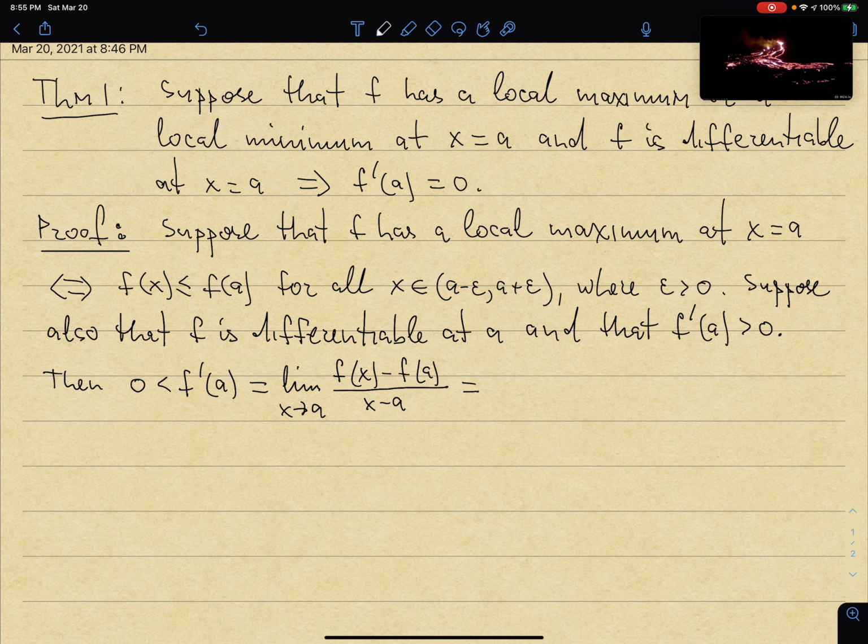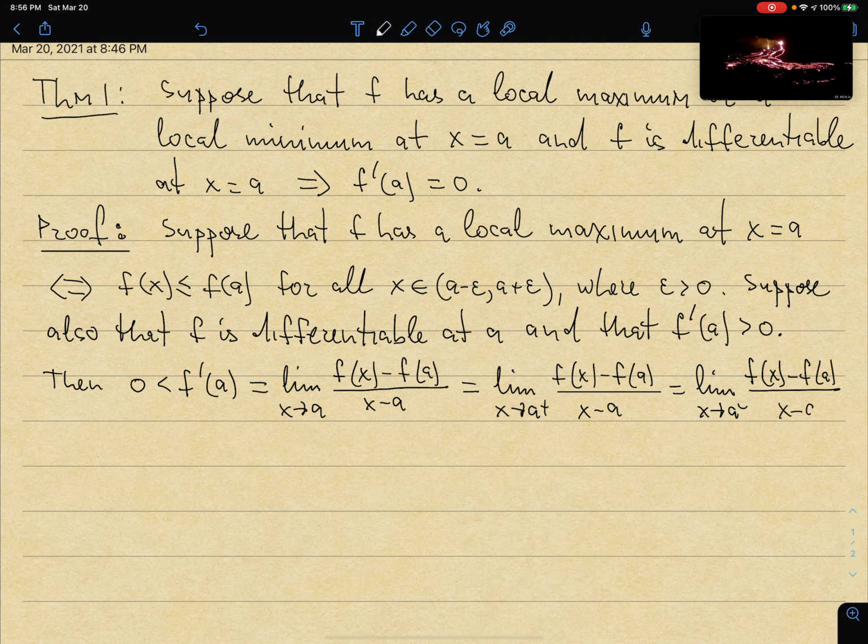So I can just add here the limit as x goes to a plus of f of x minus f of a over x minus a, the same thing as the limit as x goes to a minus of f of x minus f of a over x minus a. All those things are going to be the same.